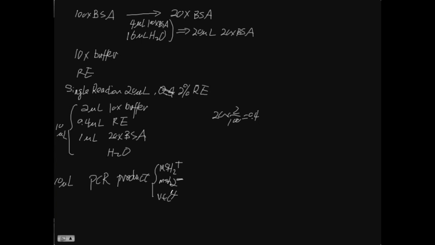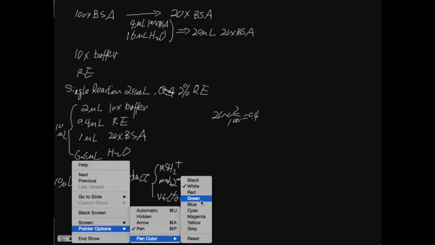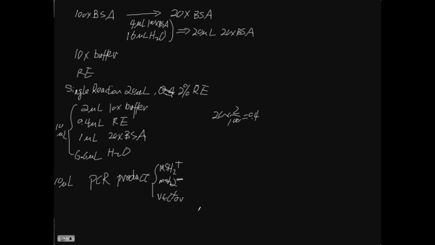We have 3 kinds of PCR product: MSH2 plus, minus, and vector. The water should be 6.6 microliter. And we want to set up a master mix of 5 reactions.